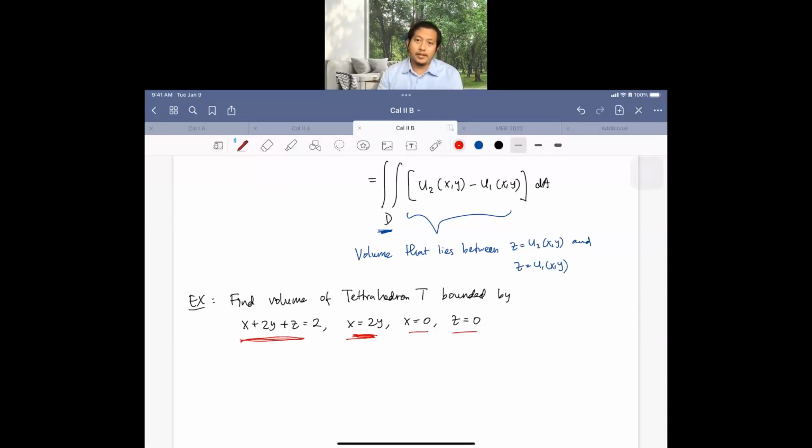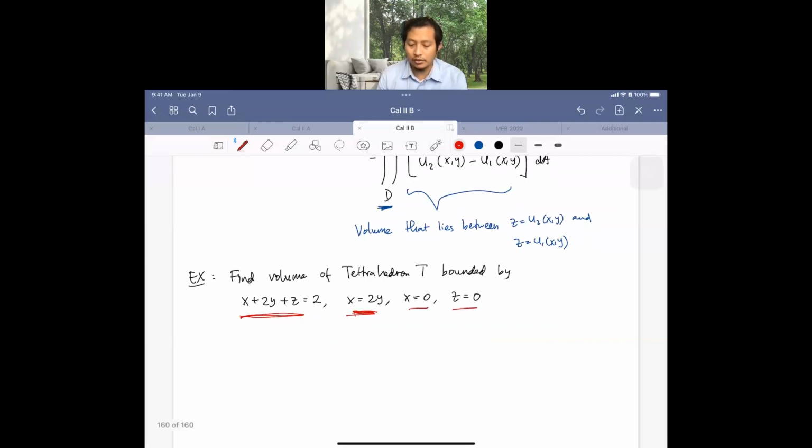I think it could be easily drawn for this plane. We could find the intersections for each of the axes. So to find the z intercept, you could take x equals 0 and y equals 0, so z equals 2. You could do the same thing for the other axes, and then you could draw all the lines here.